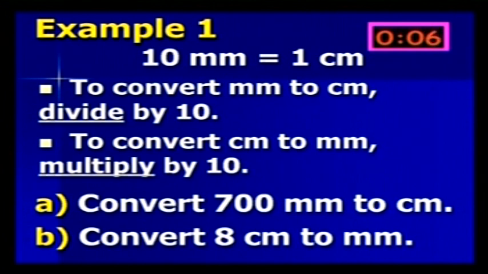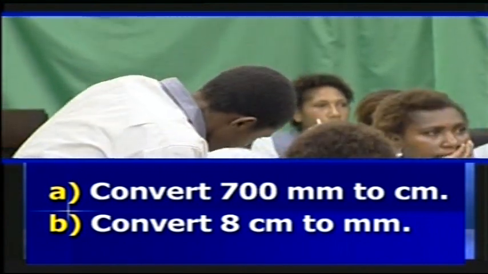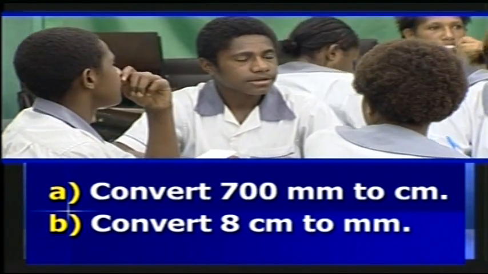Group 7 has an answer. Let's listen to group 7. 70 centimeters. Group 7, how did you get 70 centimeters? 700 divided by 10. Thank you, group 7.